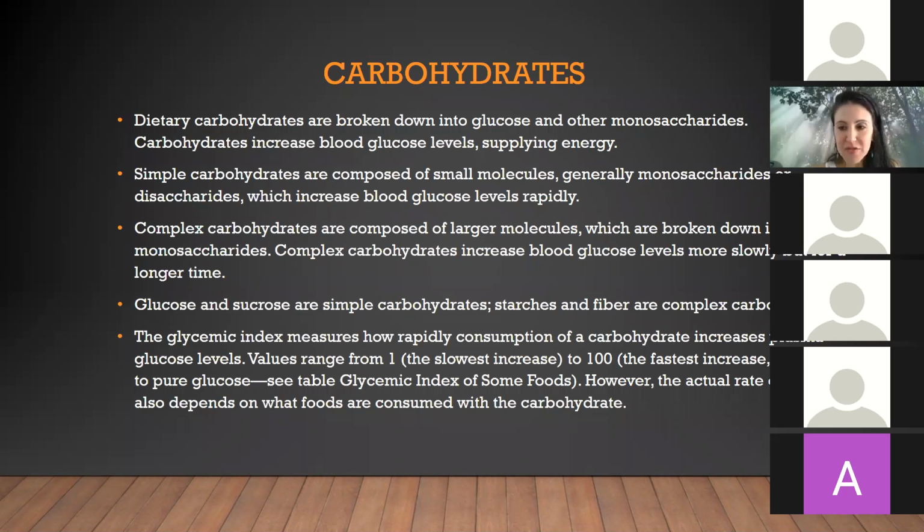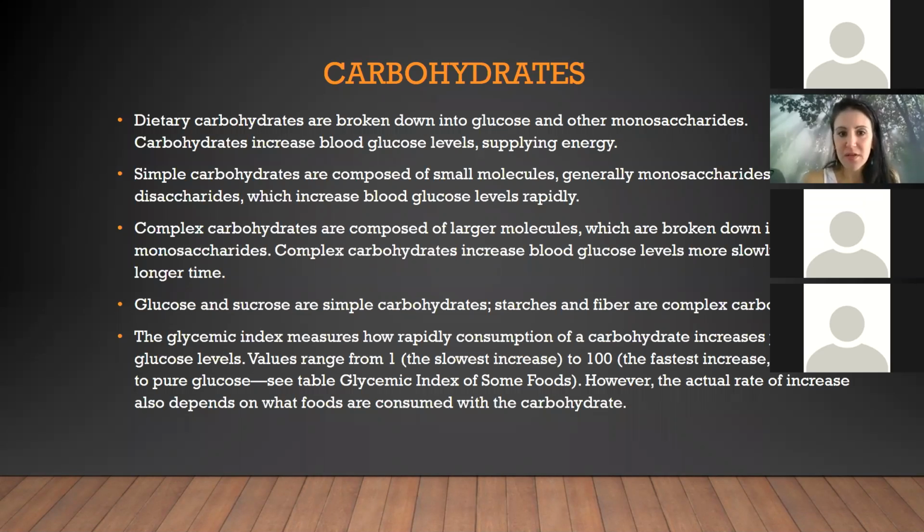Simple carbohydrates, when you hear simple, basically what that means is they're very small molecules. They're generally those single sugars or monosaccharides. They could also be disaccharides, so di meaning 2, and they increase your blood sugar pretty rapidly. Complex, on the other hand, are much larger molecules, and they're broken down into monosaccharides or even disaccharides.